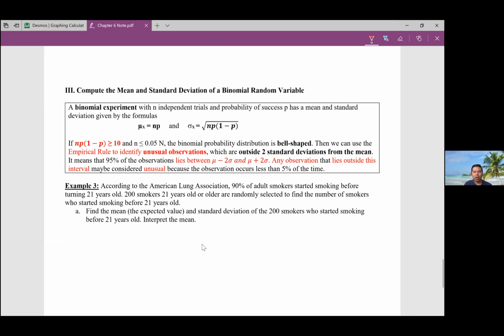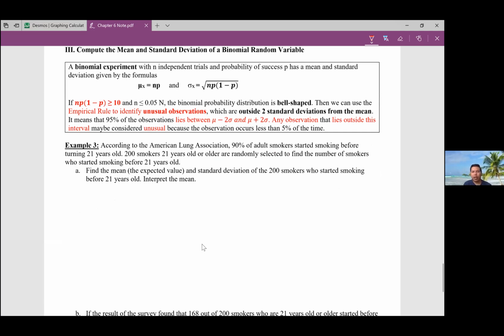All right, so according to the American Lung Association, 90% of adult smokers start smoking before turning 21 years old. So right there, that's the probability of success, right? So that's my little p. So little p equals 0.9. 200 smokers 20 years old or older are randomly selected to find the number of smokers who started smoking before 21 years old.